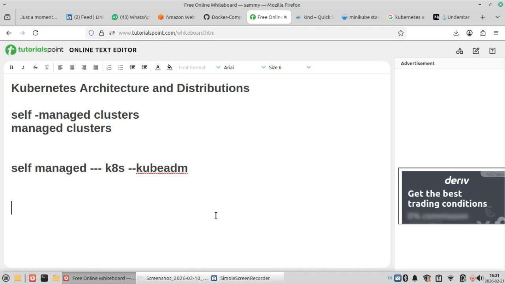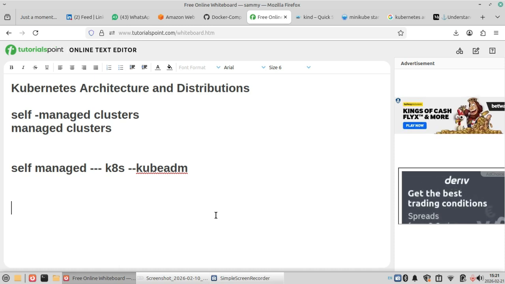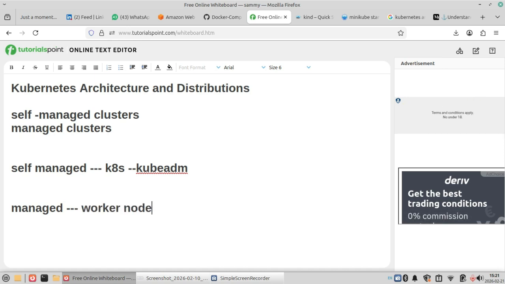They also patch your Kubernetes clusters for you. So with a managed cluster, you simply focus on your worker nodes and your workloads.